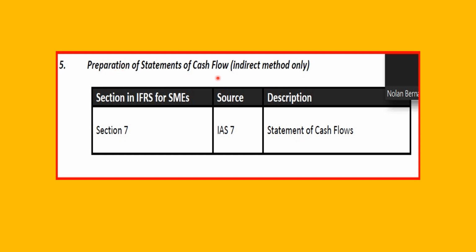Preparation of statements of cash flow, the indirect method only. Incidentally, there are two methods, so don't get mixed up if you haven't done the topic yet and you go into your book. Some books show you both methods. The CAPE books would only show you the indirect method, and that is again governed by the IFRS for SMEs, Section 7, and the source of it is IAS 7 Statement of Cash Flows.